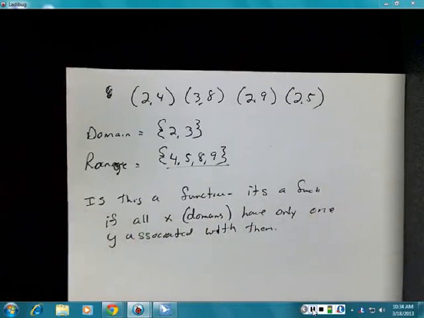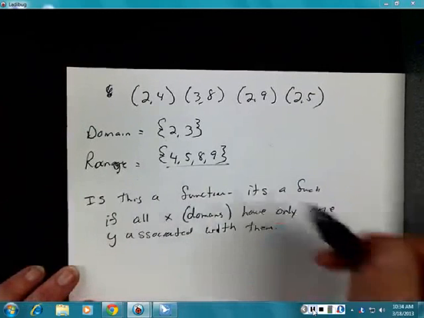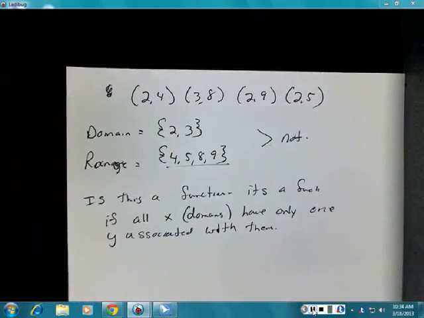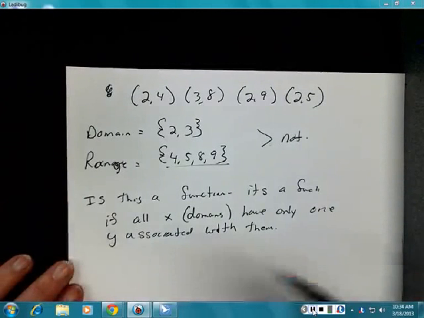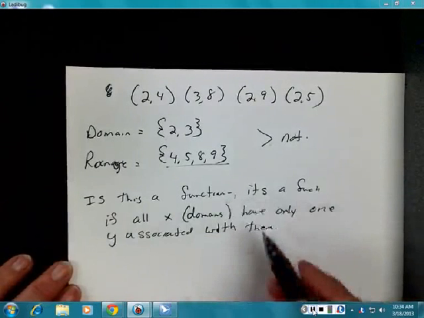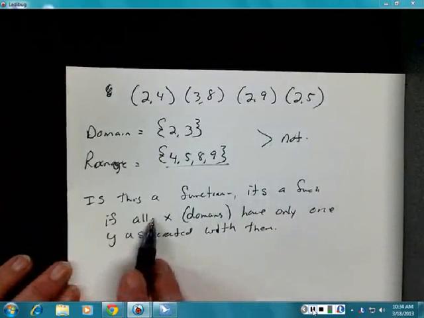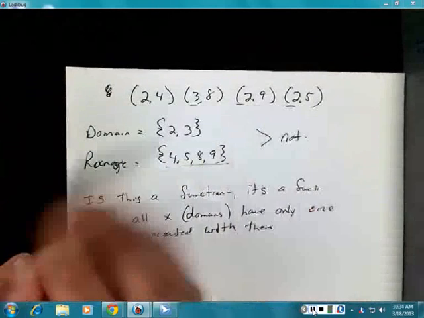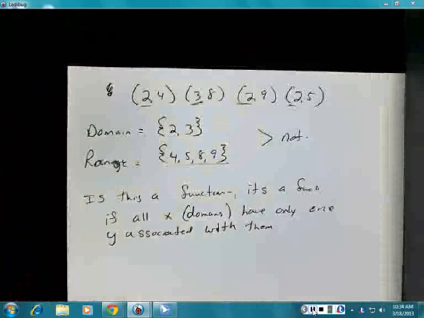So is the example I gave you up here a function? That's not a function. It is a function if all these x values only have one y.